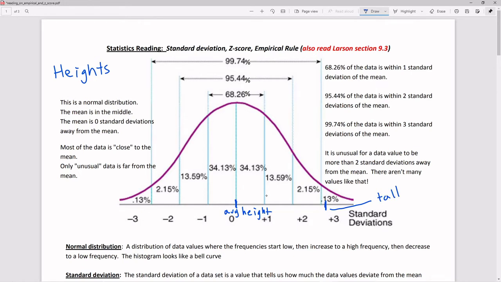And how is this represented in this picture? Well, you see that the curve here doesn't have too much height. That's representing that there are not many people with that height. It's also far away from the average. The average is here, we're far away. And since I went to the right, that tells me taller because I'm getting bigger.